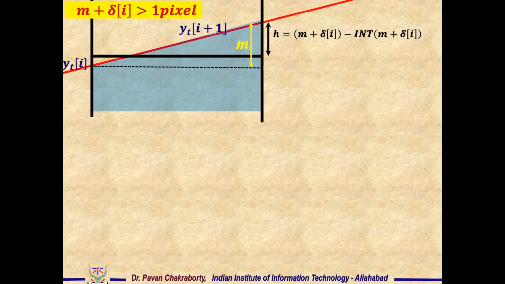Maximum my area of the rectangle could be the area of the pixel. H will always be less than 2. So here H is defined as m plus delta I minus int of m plus delta I.